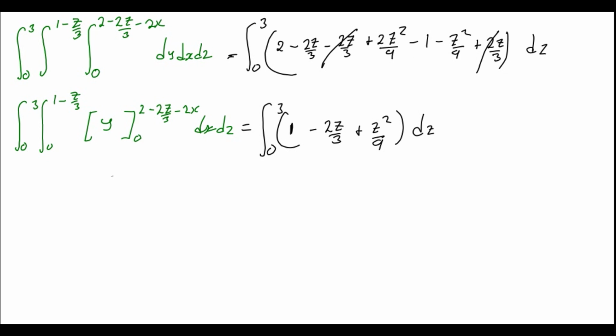Okay, so let's go ahead and do the integration of the final part. So this is going to be z minus z squared over 3 plus z to the third over 27, moving from 0 to 3.